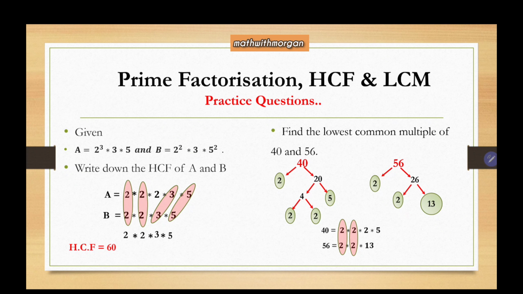The numbers they share in common will be 2 and another 2. And the ones they don't share in common, which are the ones in the yellow circles, would also be multiplied to them. So what we do is we do 2 times 2 times 2 times 5 times 13. And that will be 520.